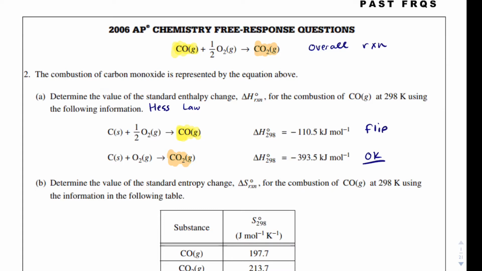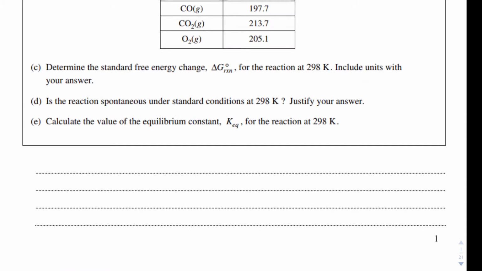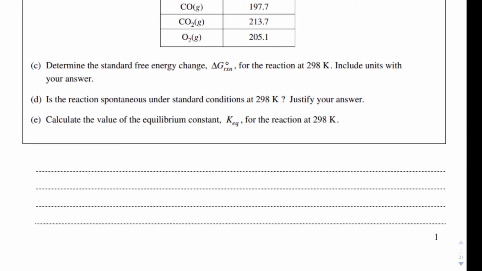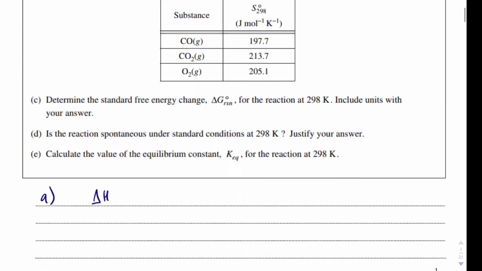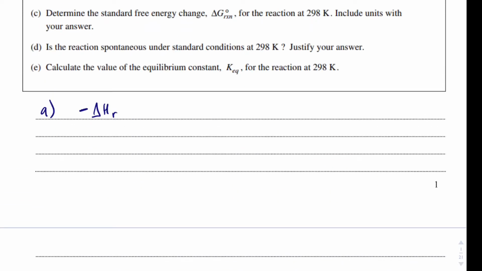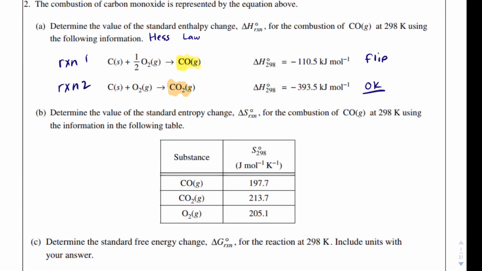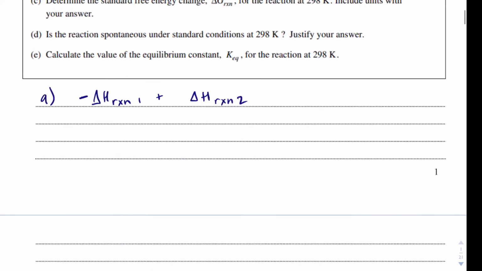So what I'm going to do is I'm going to take delta H, and I'm going to call this, just for convenience, reaction 1, reaction 2. I'm going to take the negative delta H for reaction 1, because I'm flipping it, plus the delta H of reaction 2. That's going to be negative, then negative 110.5 kilojoules per mole, and this is going to be equal to delta H of my overall reaction.